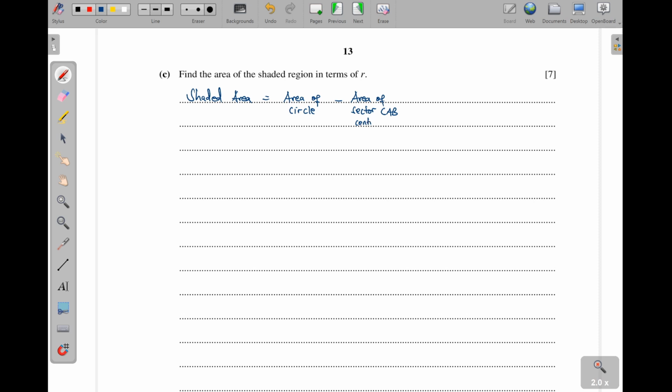This one has its center at C, okay, center C. Then minus 2 times the area of the segment, because we have seen that those two segments are equal. Segment, let's say SC, or you take BC, whichever.